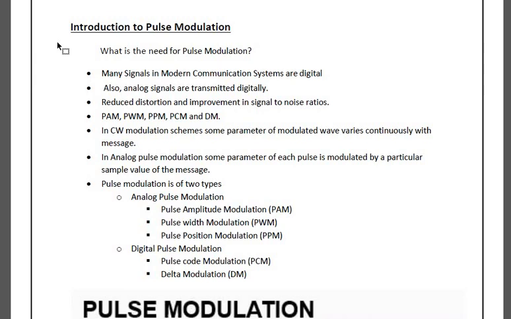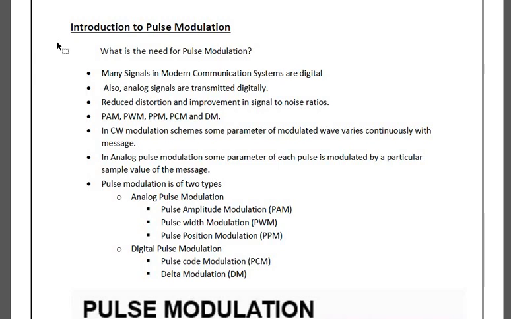Then you will be having pulse modulation schemes. We have seen PAM, PWM, PPM there; here you are having PCM and DM. In continuous wave modulation schemes, some parameters of the modulated wave vary continuously with the message signal. What are the continuous modulation schemes? Amplitude modulation, frequency modulation and phase modulation.